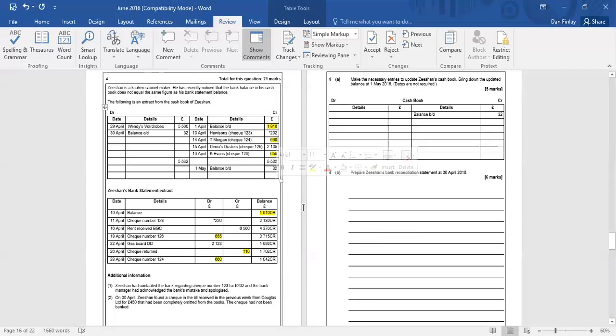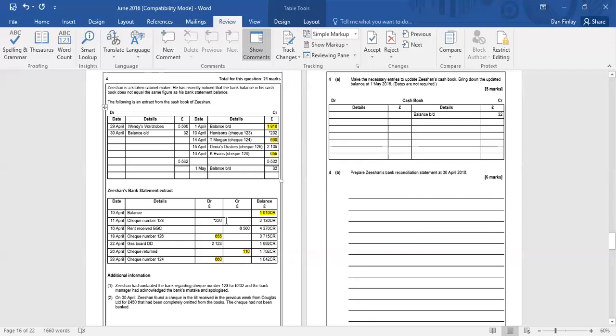Now, I'm just going to read the note at the bottom. So it says, the first one, it's the name I can't say, Zishan has contacted the bank regarding check number 123 for £202, and the bank manager has acknowledged the bank's mistake and apologised. So the bank's made a mistake. That shouldn't be 220. It should be 202.